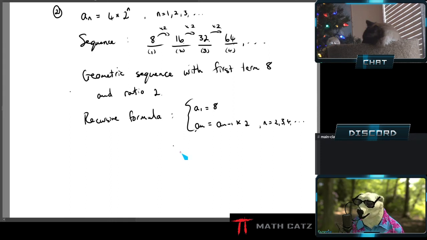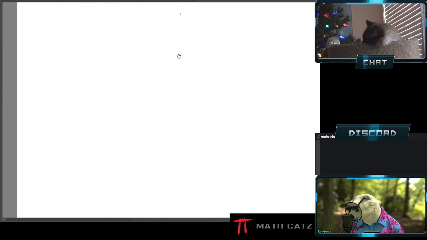Now, when they give me a recursive formula, like in number 3, there's not much that they can do to hide the geometric sequence formula. Yeah, maybe they put the 3 in front.